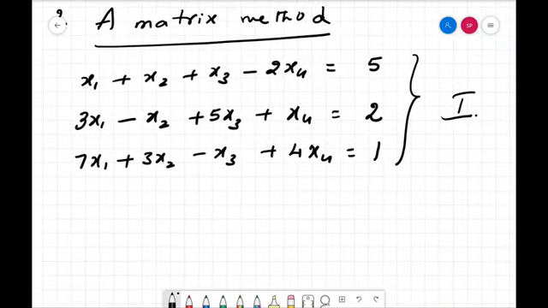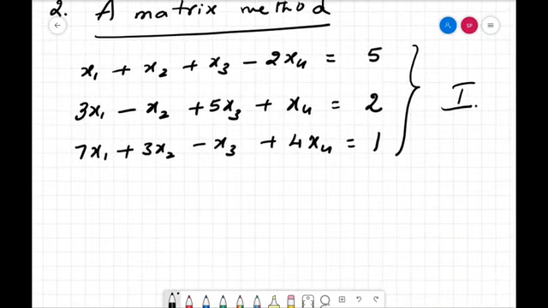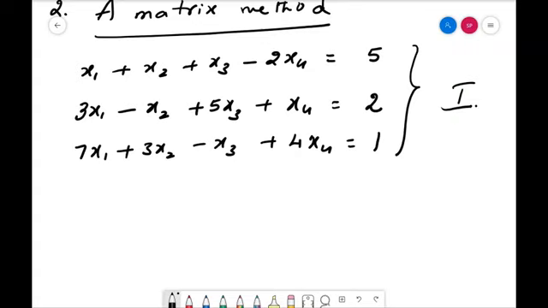How am I going to solve using a matrix method? Here I will build a matrix A. In this matrix A, I will just take the coefficients of x1, x2, x3, x4 in each equation. So in the first equation, the coefficient of x1 is 1, of x2 is 1, of x3 is 1, of x4 is minus 2.